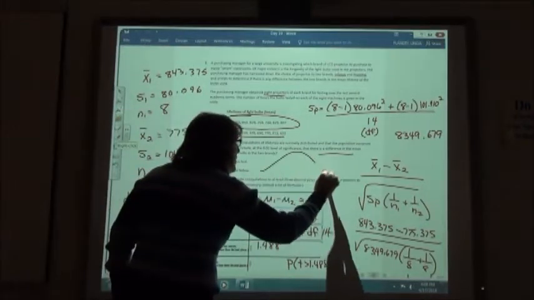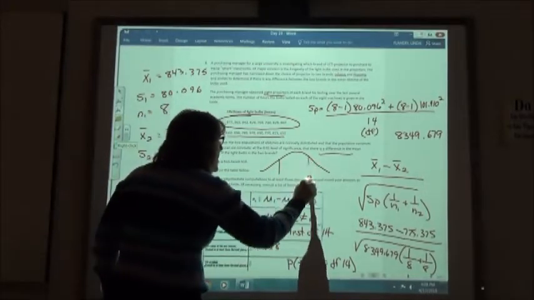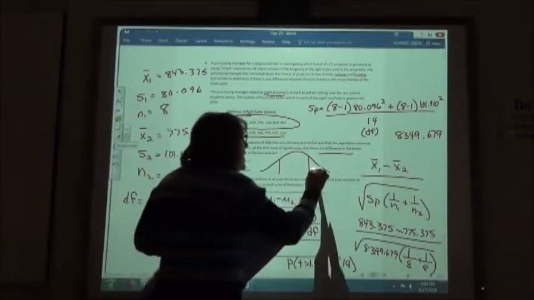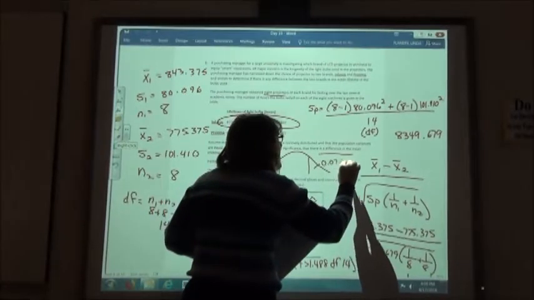Again, I'm going to draw my little table here because we were doing a two-tailed test. So when you do P of t is greater than 1.488 with a degree of freedom of 14, we get 0.079.